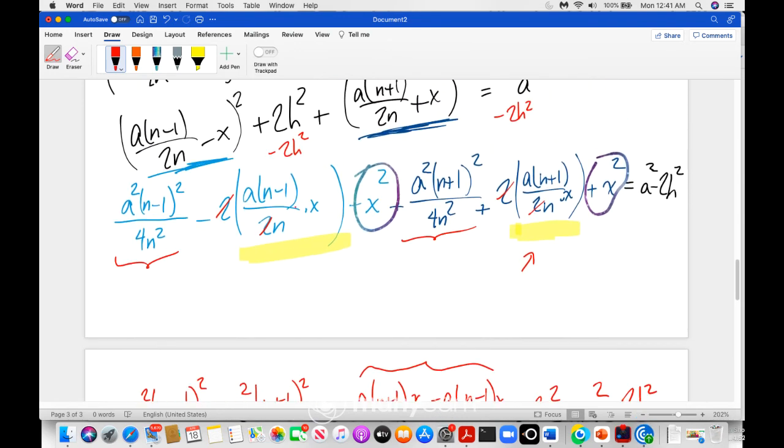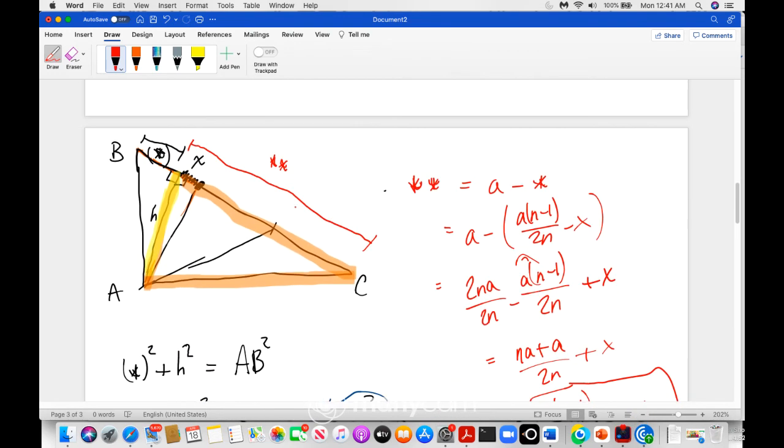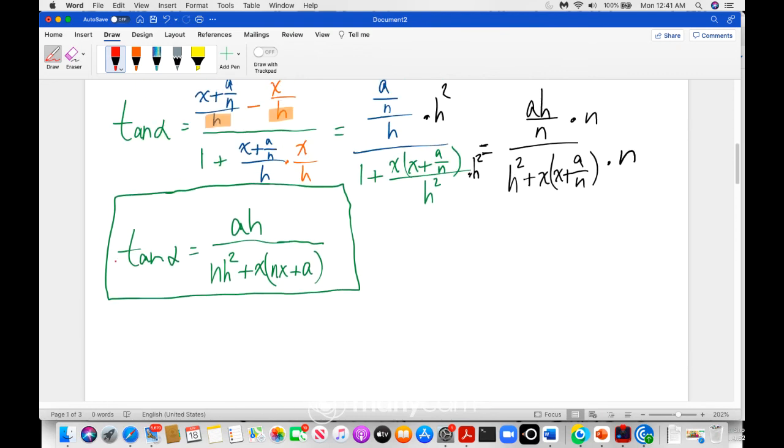Because if we go all the way back up, we realize that tangent of alpha is just ah divided by nh squared plus x times nx plus a. So all we need to do is plug in for x and we're done.